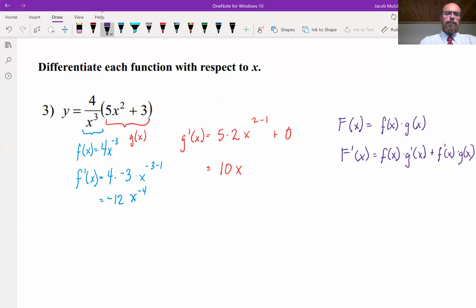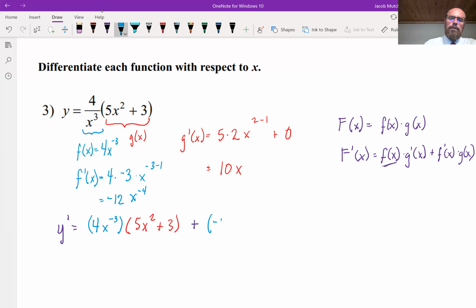So let's begin writing the derivative of y. So the first substitution is f of x, the original. So I'm going to call that 4x to the power of negative 3 times the original function g of x, 5x squared plus 3, plus the derivative of f of x, which is negative 12x to the power of negative 4.